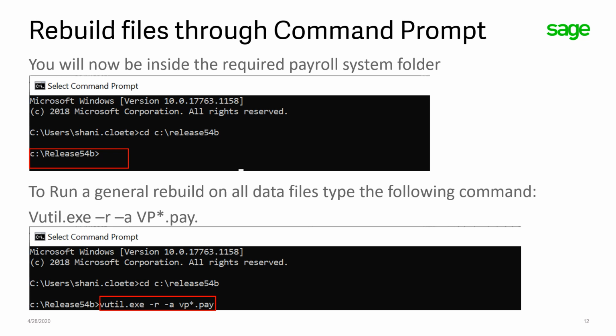To run a general rebuild on all data files, type the following command: vutil.exe space -r space -a space vp*.pay.